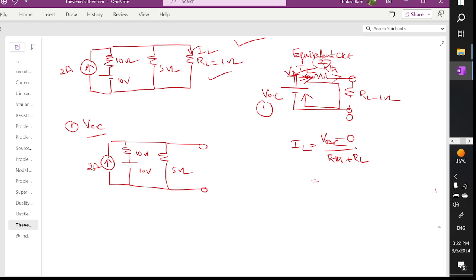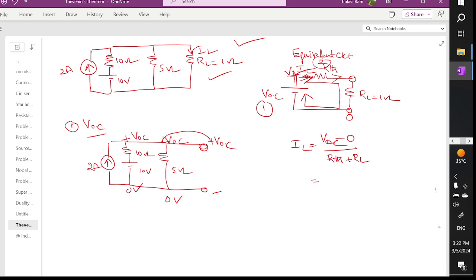When you remove the load resistor, this will be an open circuit voltage. The voltage at this point and the voltage at this point are the same, which is VOC and 0 volts, and the same voltage is also available here, VOC and 0 volts.